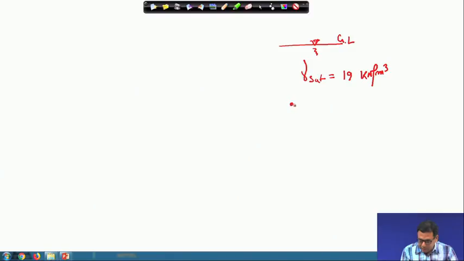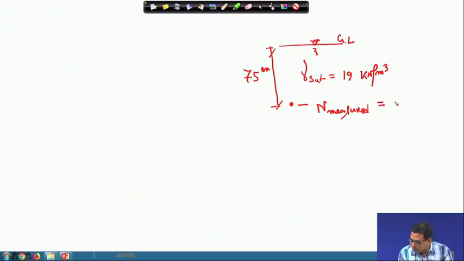We have to determine the N value at a depth of 7.5 meter from the ground level. Our N measured is equal to 50, and the soil type is fine sand.